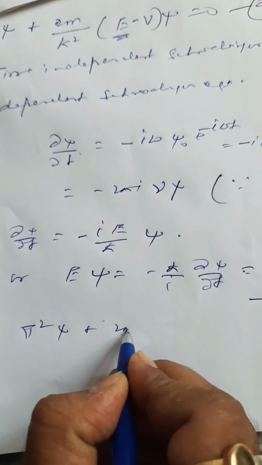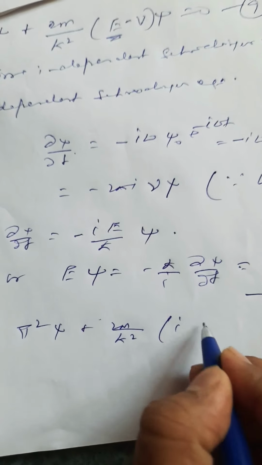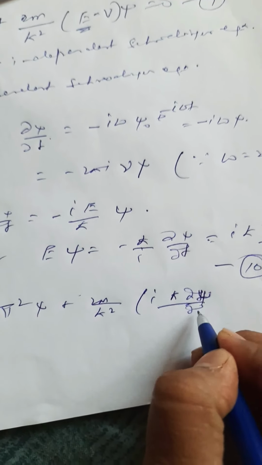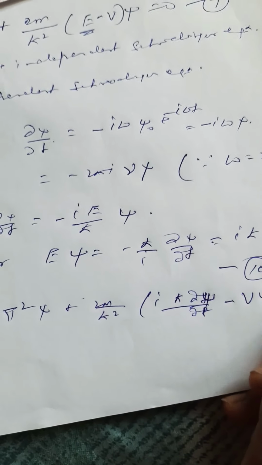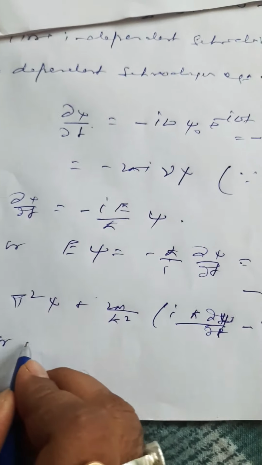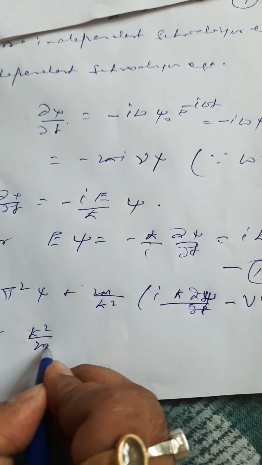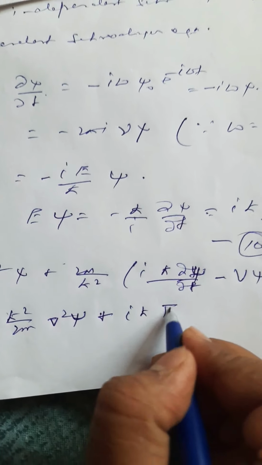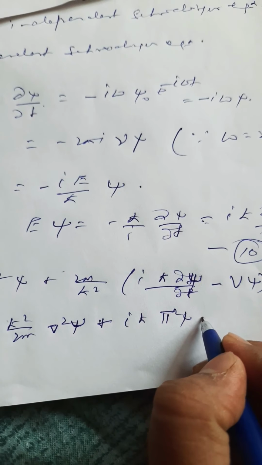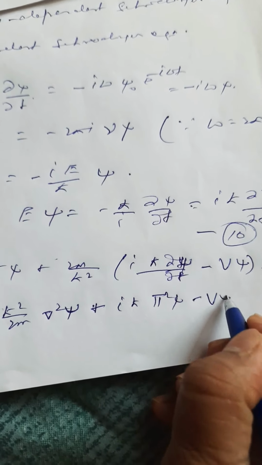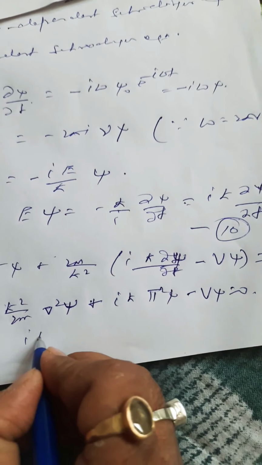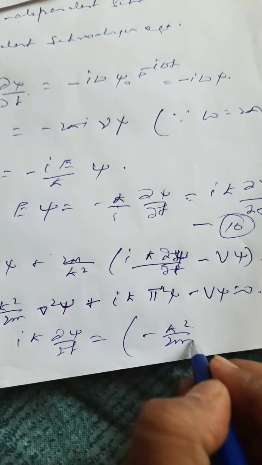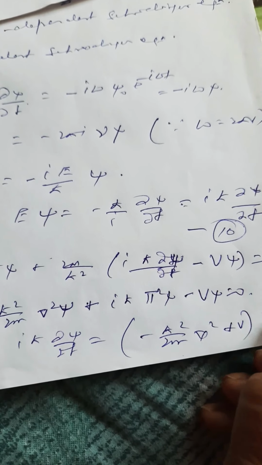del square psi plus 2m by h cross square, i h cross del psi by del t minus V psi, equal to 0, or arranging it, i h cross del psi by del t is equal to minus h cross square by 2m del square plus V into psi.